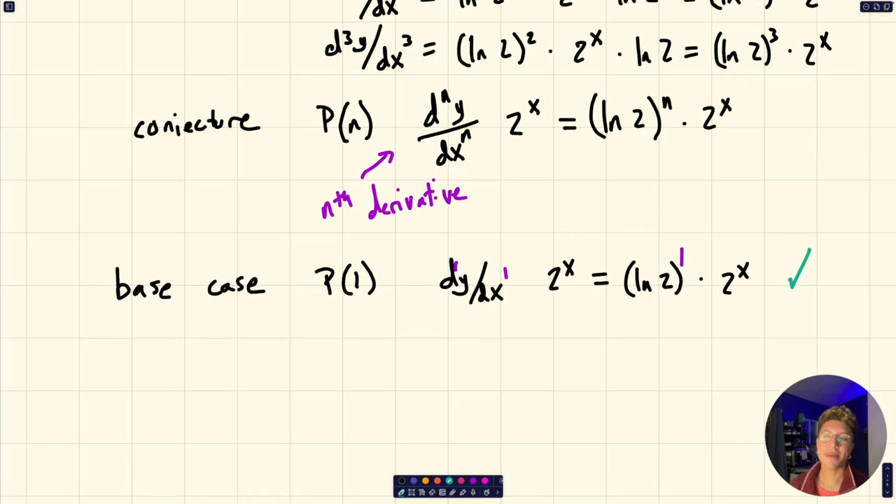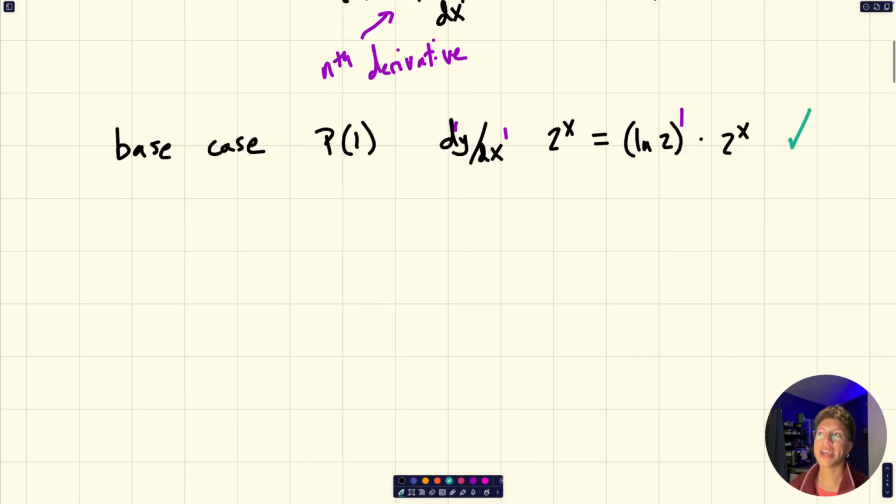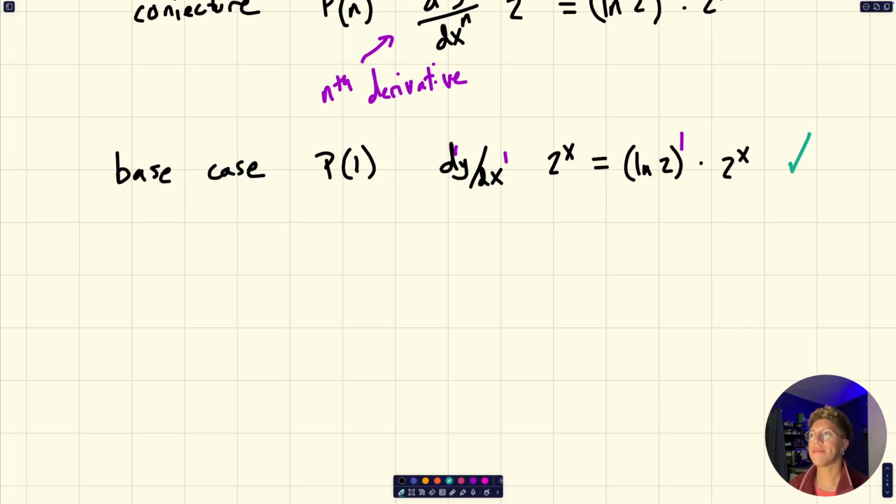So in our second step of proof by induction, we try to generalize it. And so we move to our inductive hypothesis. We're going to try to take our time writing so it's a little bit more legible.